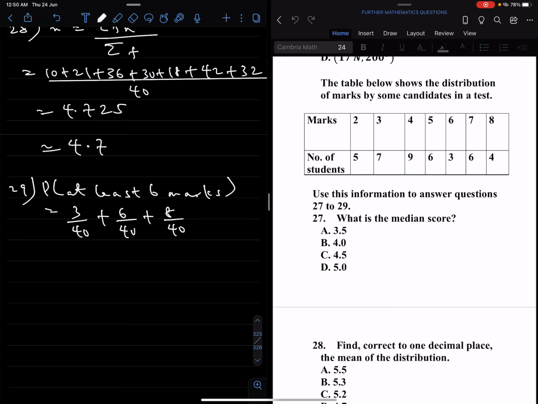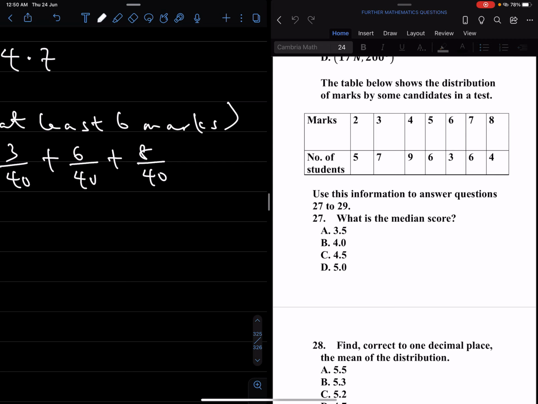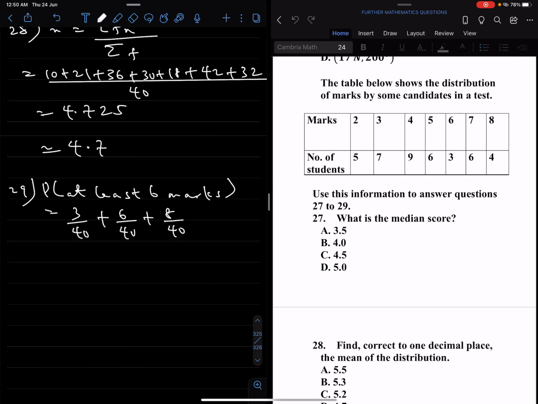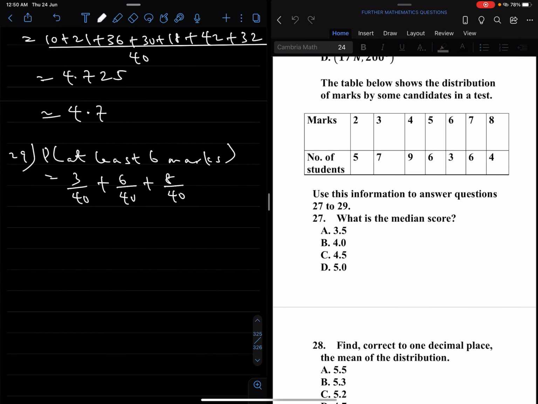So the probability that a student selected scored 6 marks is going to be the number of students who scored 6 divided by the total number of students, and that's 3 over 40, plus, in probabilities addition, the number of students who scored 7, which is 6, all over the total number of students, that's 40.